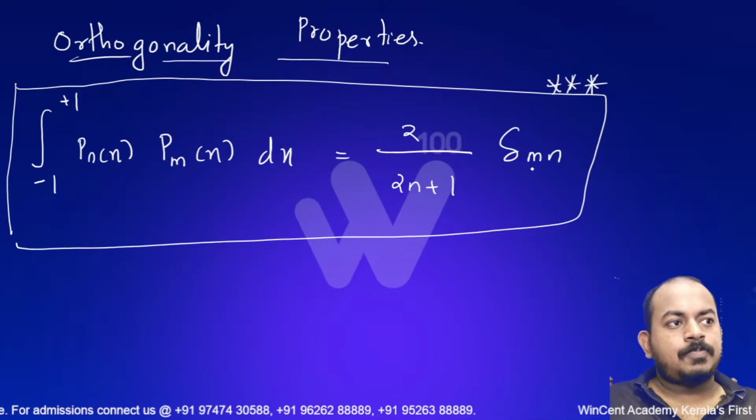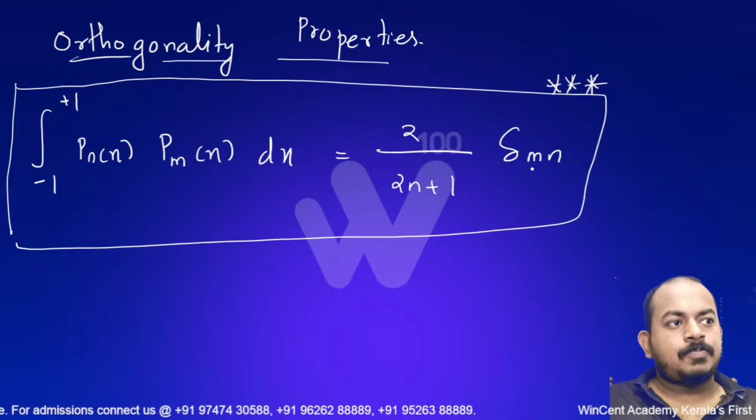That means this is only valid when Pn of x and Pm of x are the same, like the n should be equal to m. So this is the orthogonality property. Just try to write it down and learn the orthogonality property by heart.